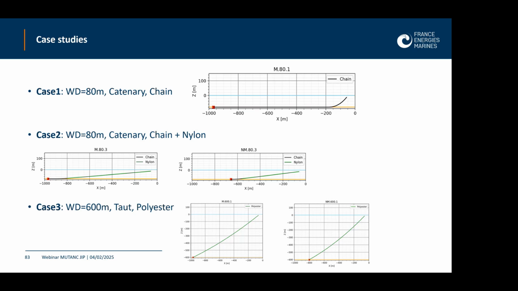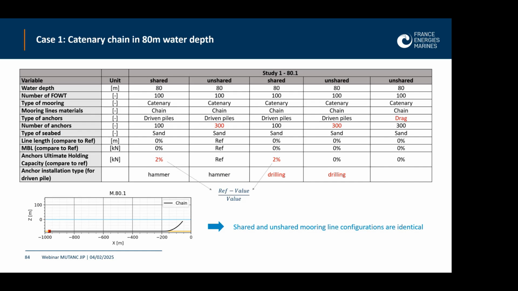What we can see on case 2 is that the radius of the mooring line is not the same between mutualized and non-mutualized anchor. For the non-mutualized case, the radius of the mooring line is reduced, and so there is less line length. And for case 3, we consider the water depth of 600 meters with taut and polyester.